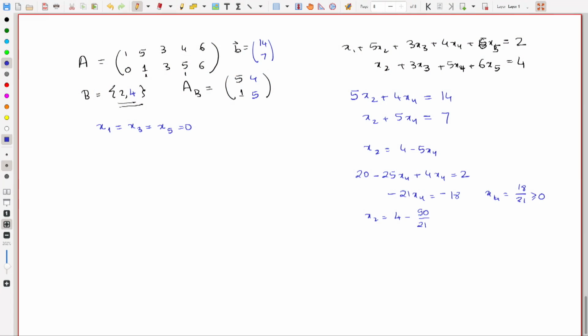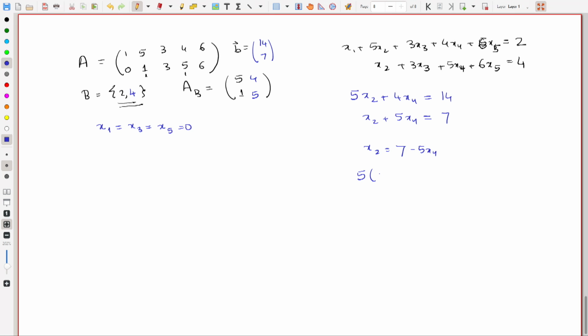So, let us put 14 and 7 and then we get x 2 is equal to 7 minus 5 x 4. Let us substitute that.